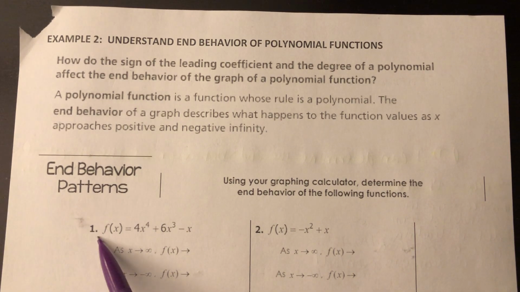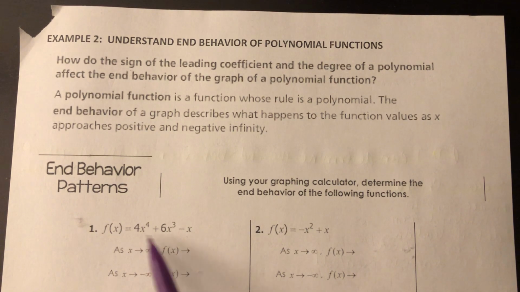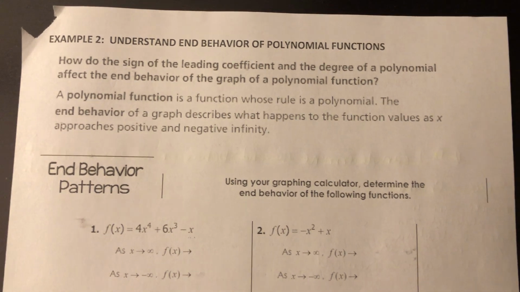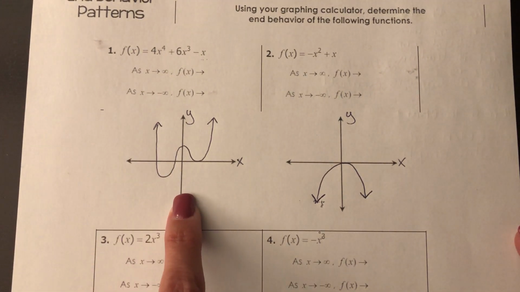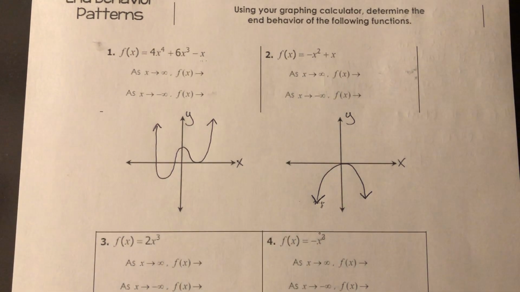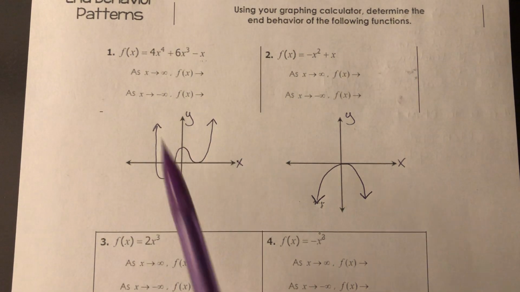So let's look at number 1 here. Here's your polynomial. Go ahead and plug that into your graphing calculator or Desmos. You can pause the video to do that on your own. But you would get this graph right here, something that looks, this is just a rough sketch, but it looks something like this graph.